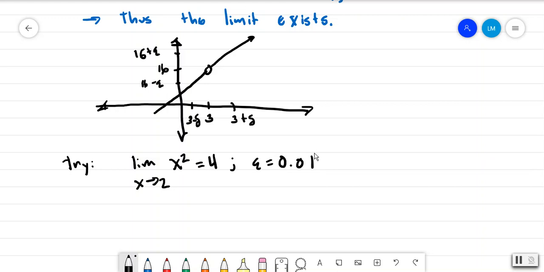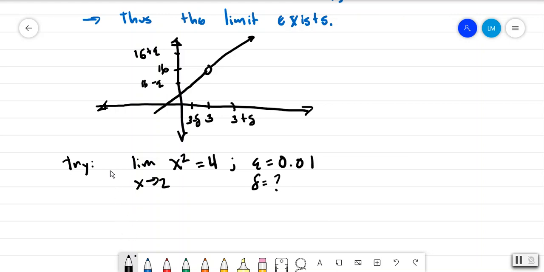Now that's going to be pretty tough in terms of figuring out what delta will be appropriate. So this is going to be an approximation. So basically you're looking for what delta is equal to.